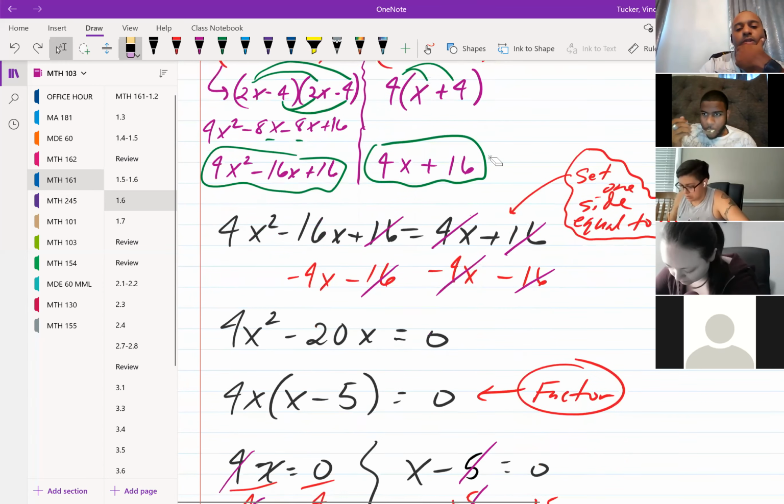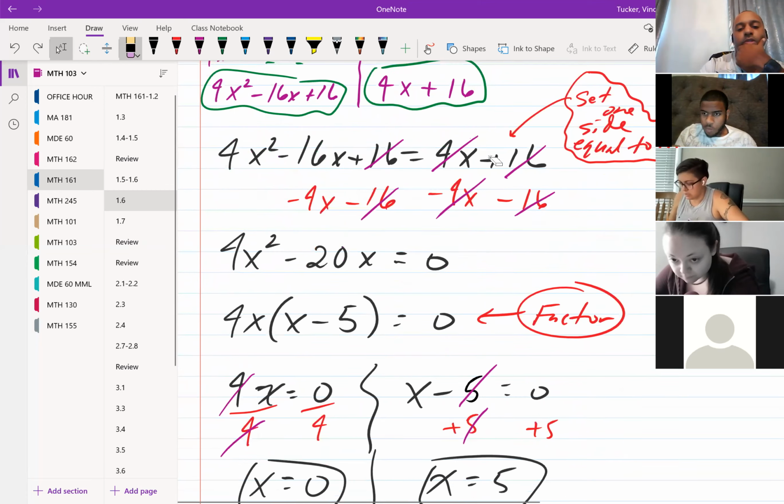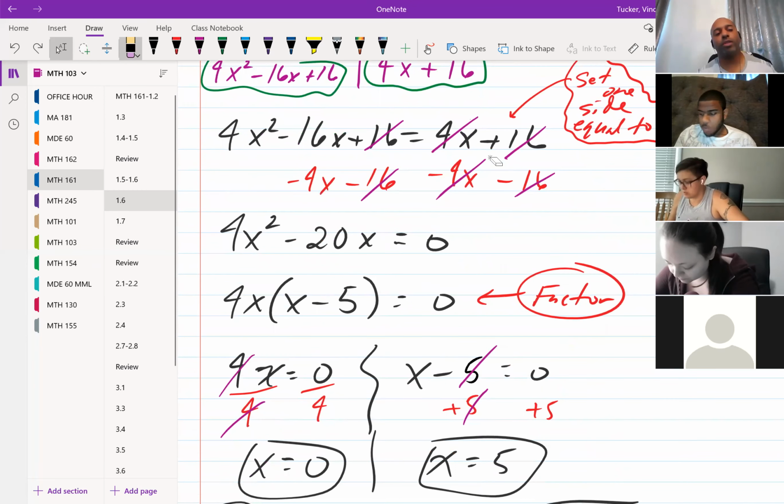Set each part equal to 0. Those are our two solutions. Don't forget, we have to check to make sure.